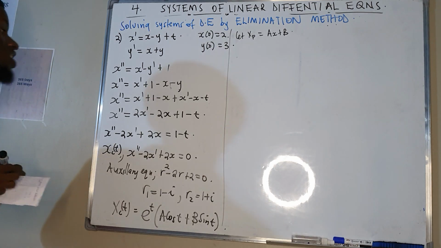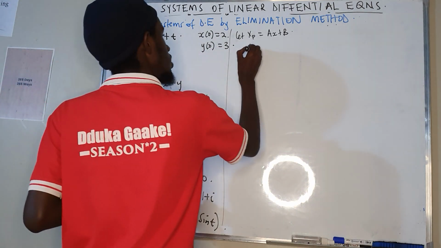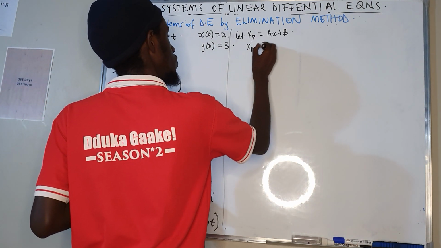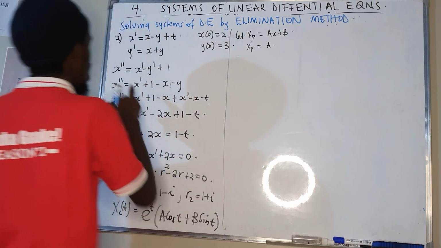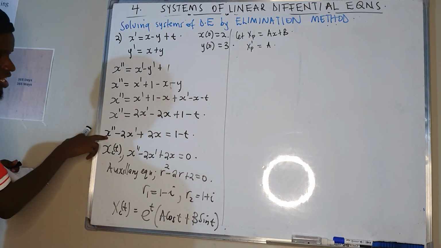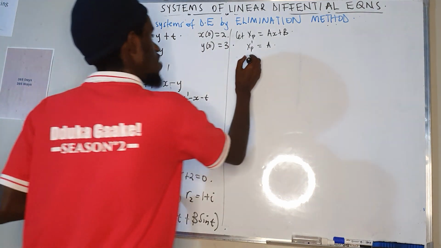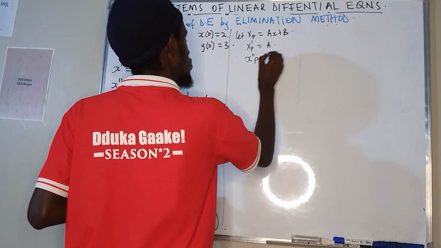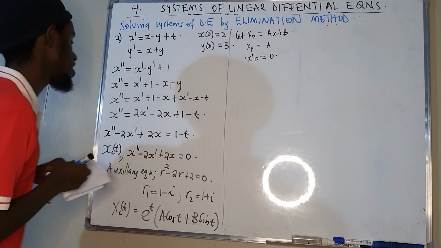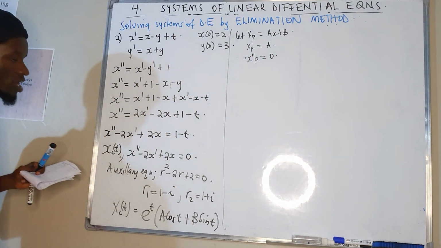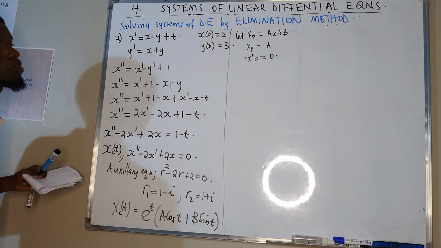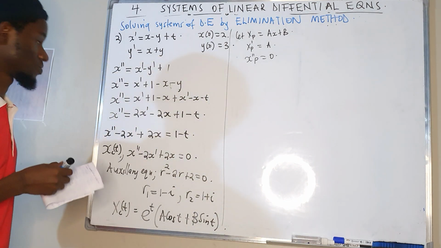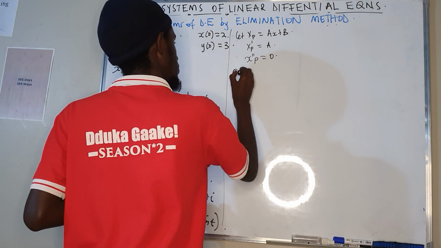The first derivative of x_p equals a. Since our equation has a second derivative, the second derivative of x_p equals 0. Then I substitute back into this equation to get my particular solution.